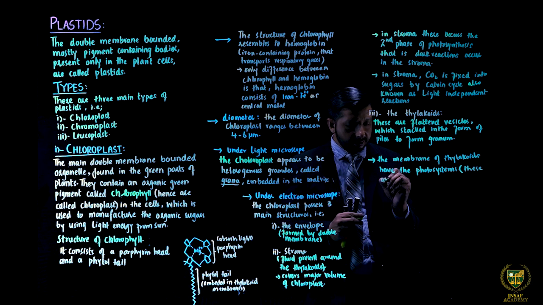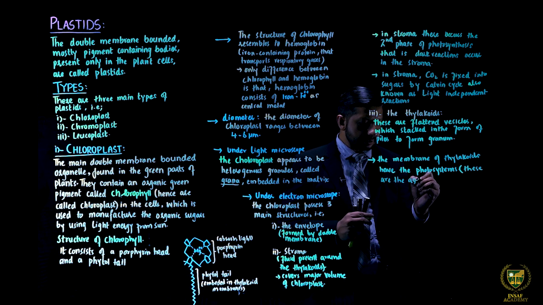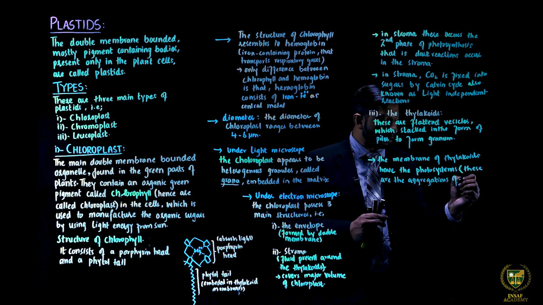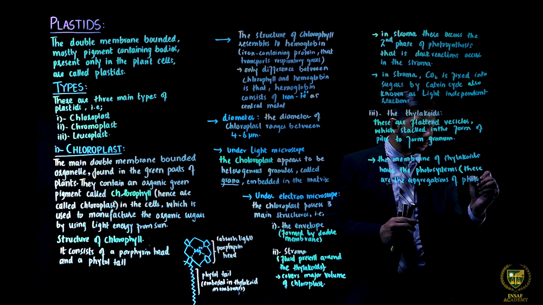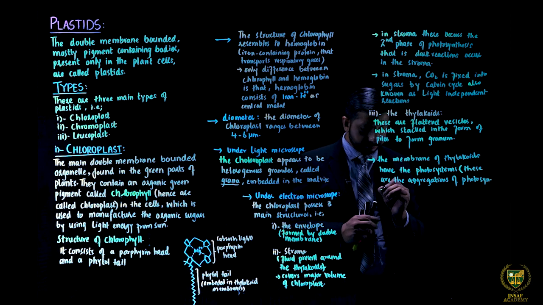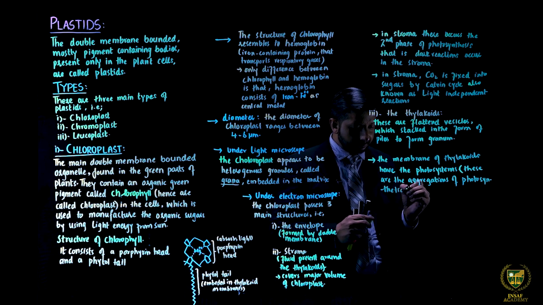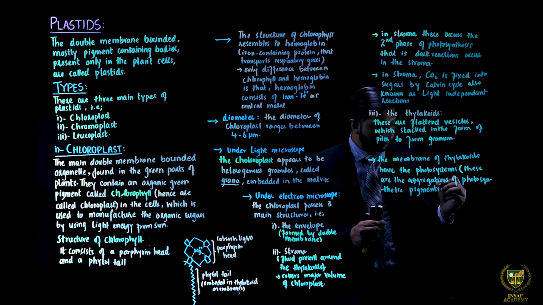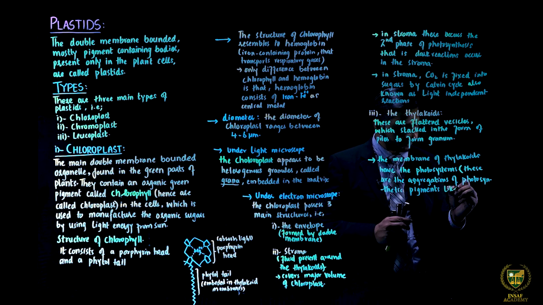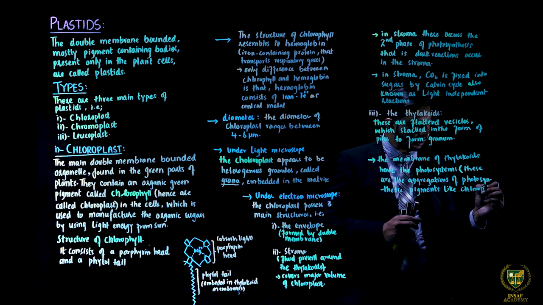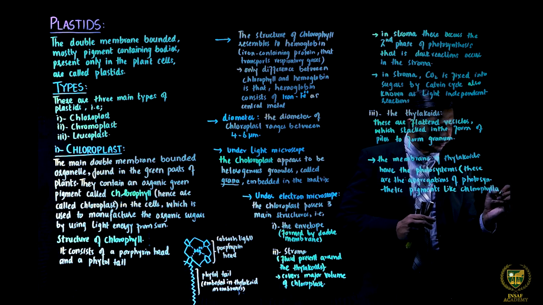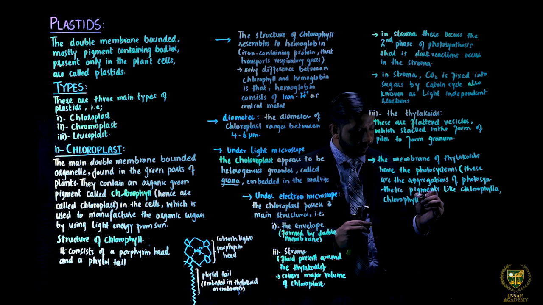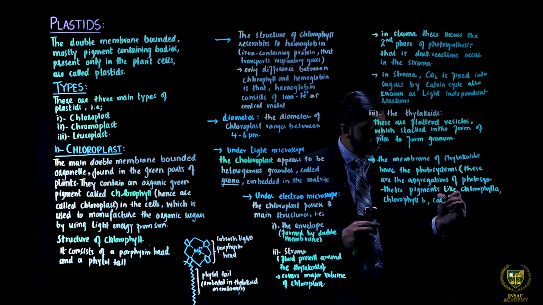These are the aggregations of photosynthetic pigments, like chlorophyll A, chlorophyll B, and carotenoids.